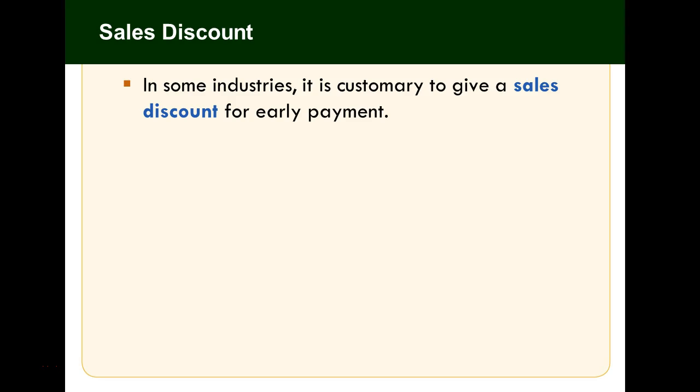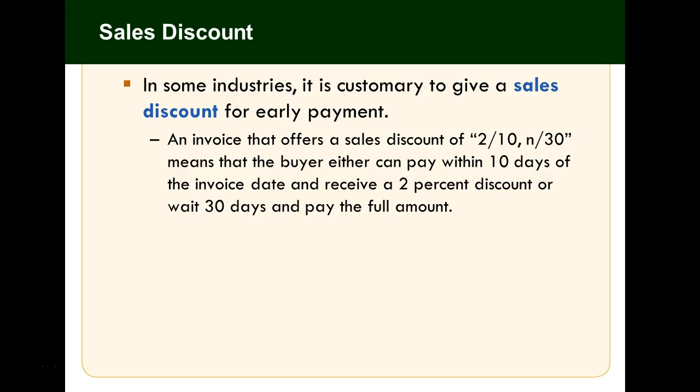It's common to have sales discounts if people pay early. An invoice that offers a sales discount of 2/10, net 30 really means the buyer, if they pay it within the first 10 days, gets a 2% discount off the invoice price. Otherwise, they pay the full amount within 30 days.